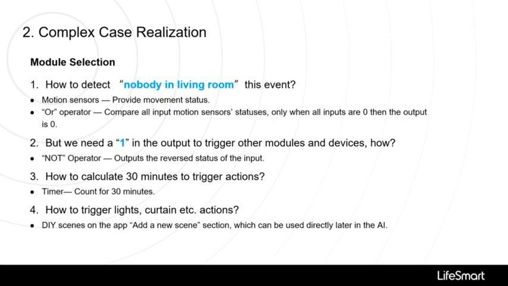This part does not need to be designed in the AI builder, because it will be very troublesome and not so convenient, because you will need to use a lot of device control blocks to realize the control actions for every device. If we use the scene design, the scene template directly in our app, it will be very easy.